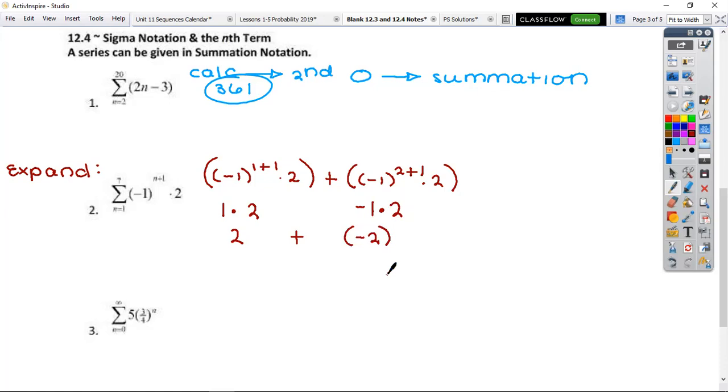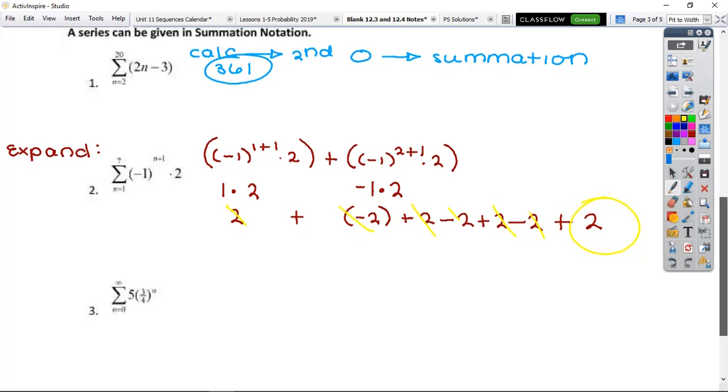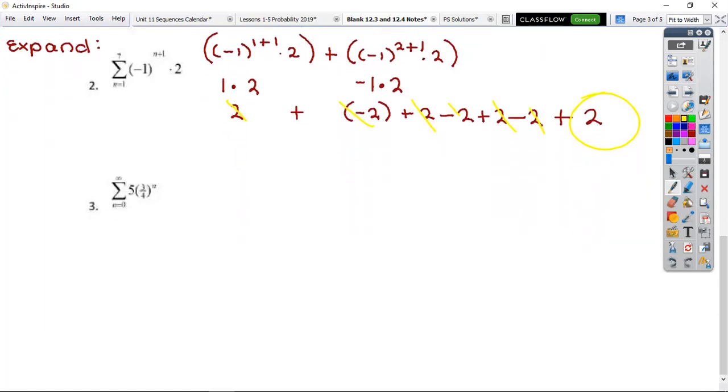So here's term 1, 2, 3, 4, 5, 6, 7. All right, what's left? Cancel, cancel, cancel, cancel, cancel, cancel, 2. Okay, so just like that. So that's where that pattern came from, again, on the front.